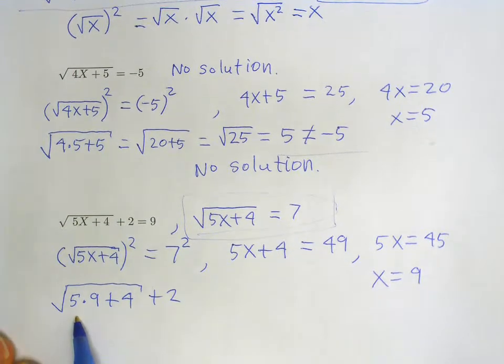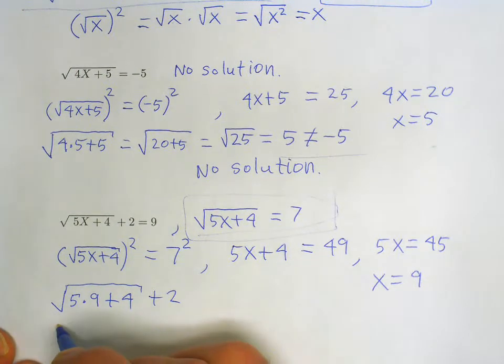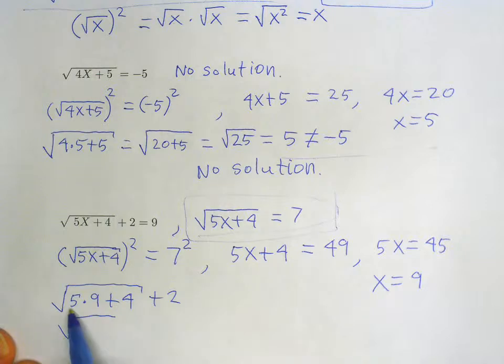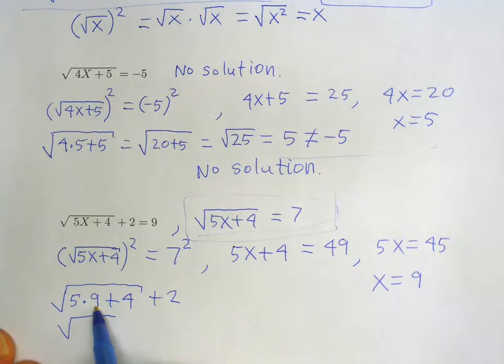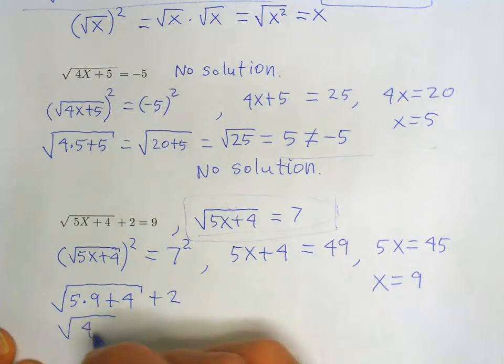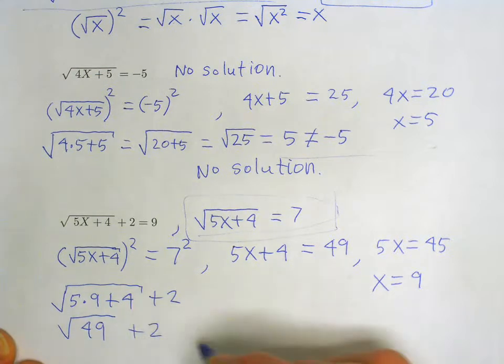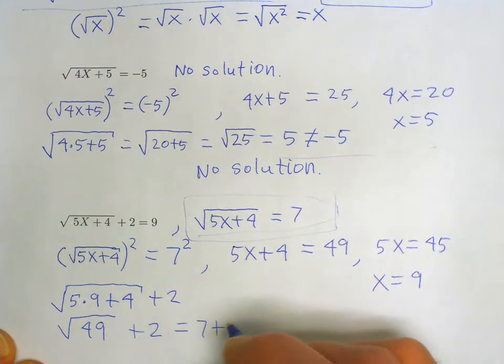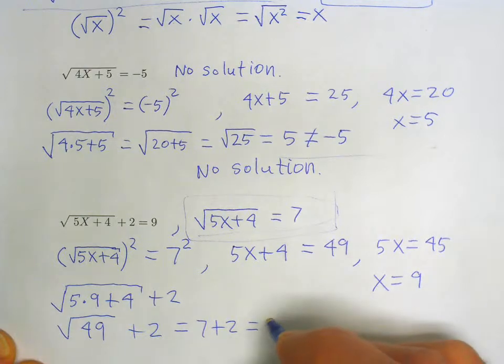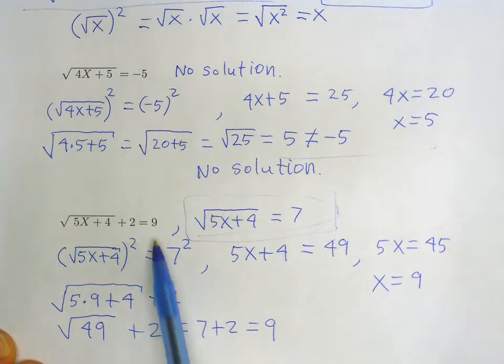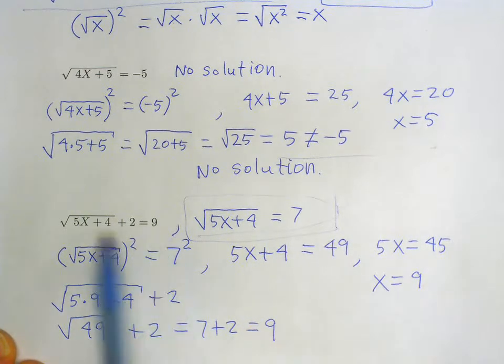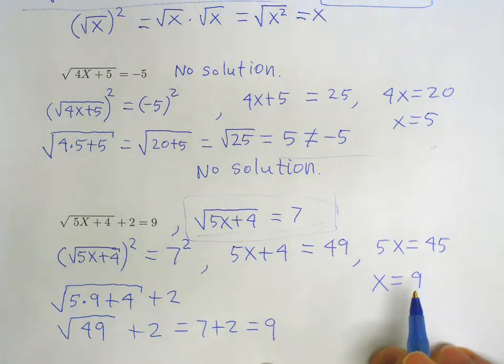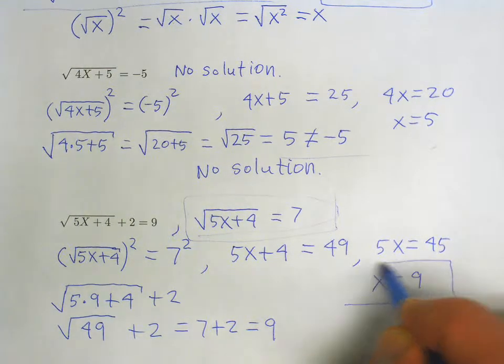Then simplify what's inside this square root. So 5 times 9 is 45, and 45 plus 4 is 49. So the positive square root of 49 plus 2 equals 7 plus 2, and 7 plus 2 is 9. So that agrees with the original equation. So that does mean that x equals 9 is the solution.